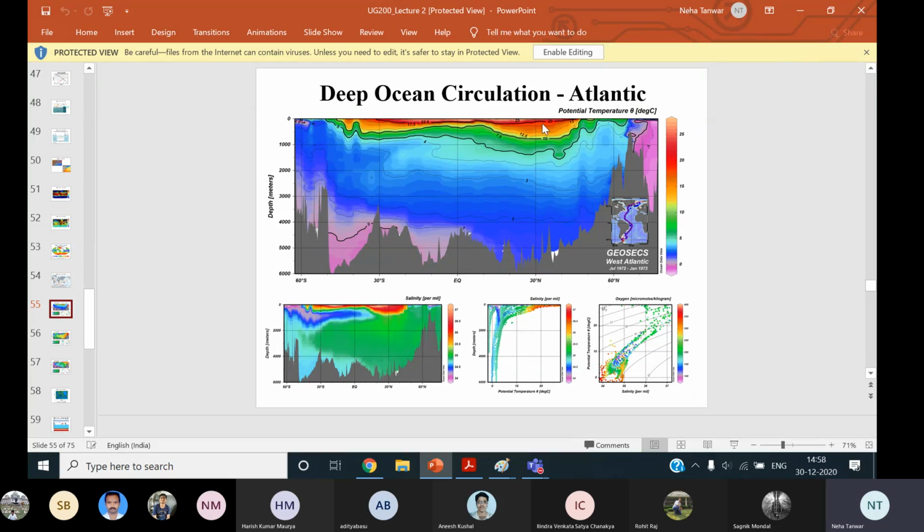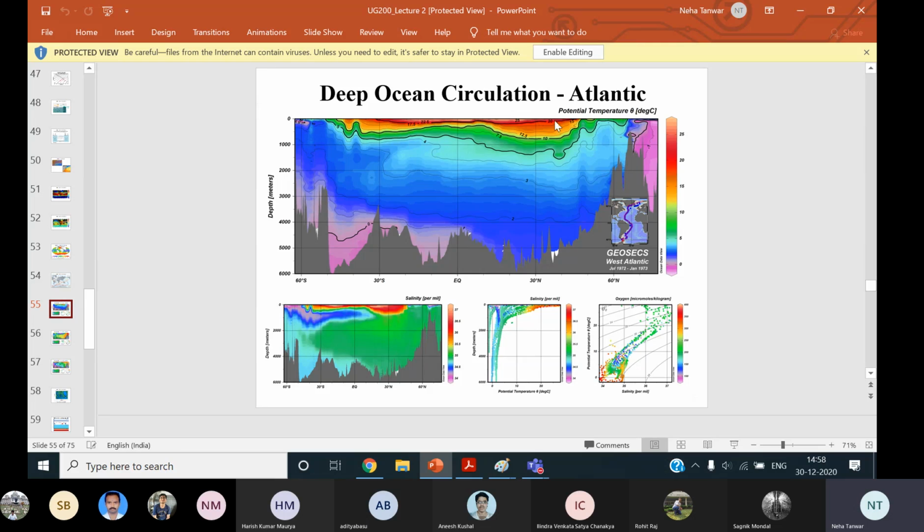Do you see at the tropics the thermocline is more prominent compared to the equator? And as we move to the tropics again in the Southern Ocean, it's more prominent compared to the equator.